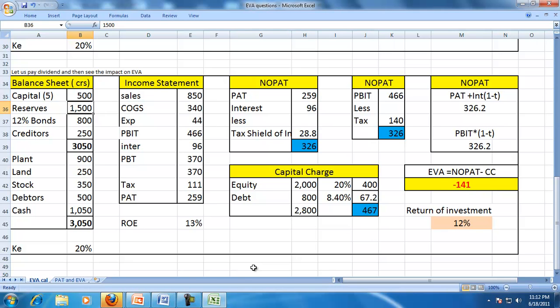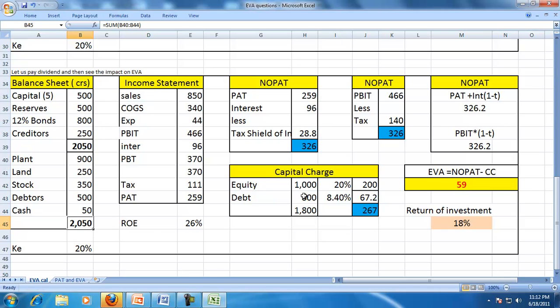Suppose I pay 1000. So therefore the reserves will go down to 500, and cash will go down to 50, all other things remaining constant, the sources and the assets reduce to the extent of 1000.